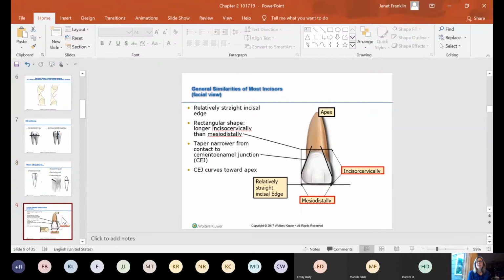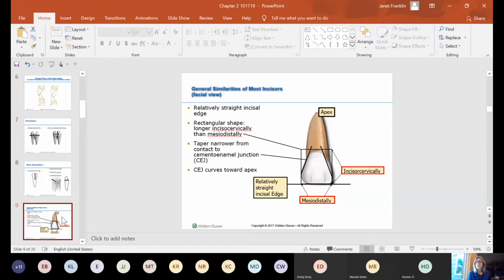So now we're going to look at most incisor teeth from the facial view. So we're looking right at your front teeth. They're relatively straight on the incisal edge. If you have a mirror handy and you smile and look at your incisor teeth, they're relatively straight across the incisal edge.